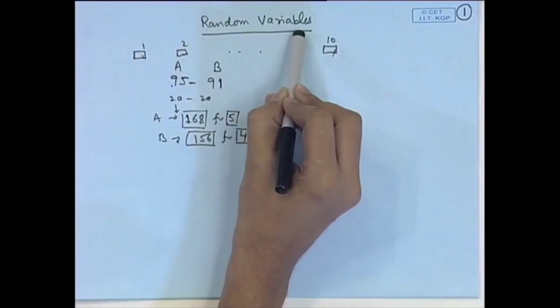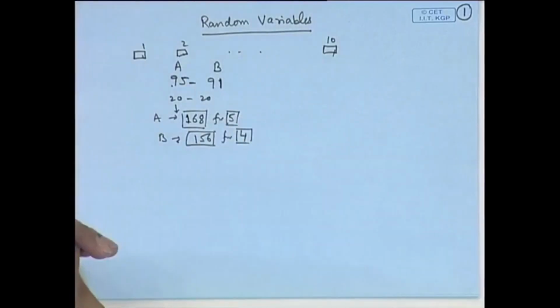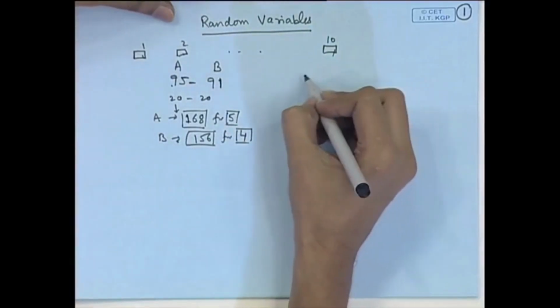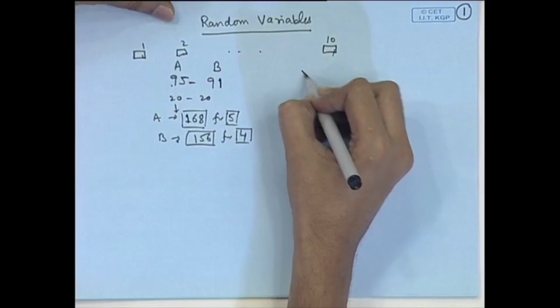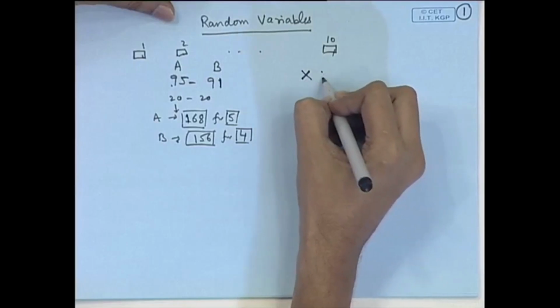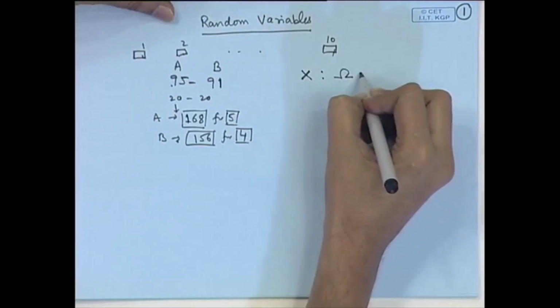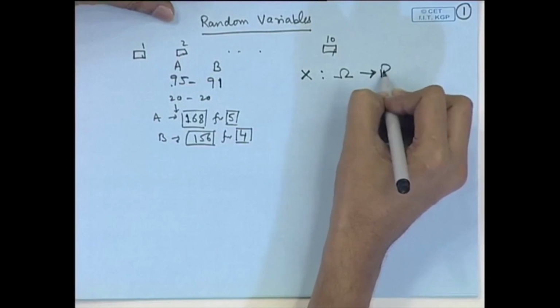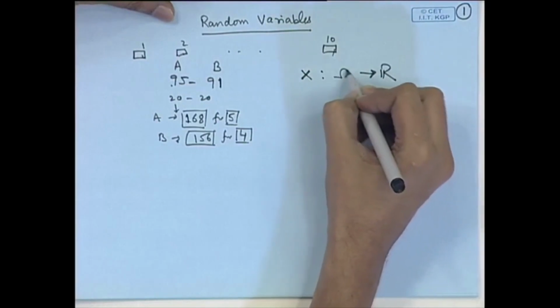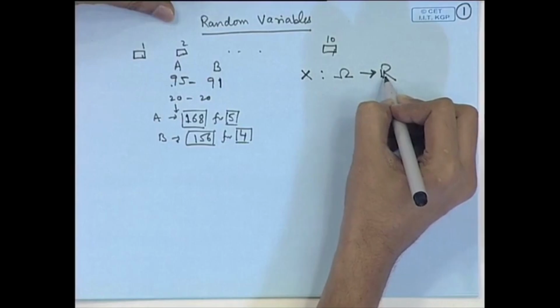That brings us to the concept of random variables. So, what is a random variable? Roughly speaking, a random variable, if we give a notation X, is a function from omega into R. That means, for every outcome we associate a real number.